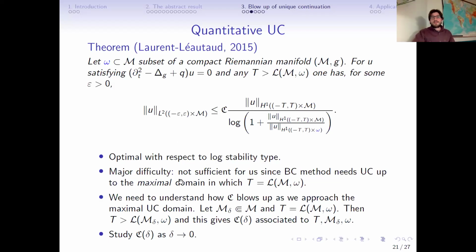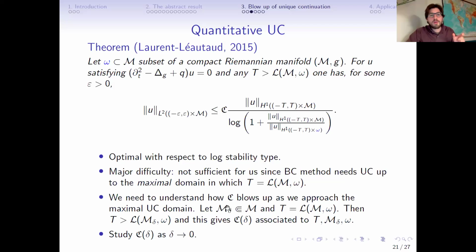I'm just going to say that understanding unique continuation in the maximal domain is in fact the same as understanding how this constant here, c, blows up when t approaches the minimal time. And one way to see it is that you can just take a slightly smaller manifold. If you take a slightly smaller manifold, then you have this optimal time.